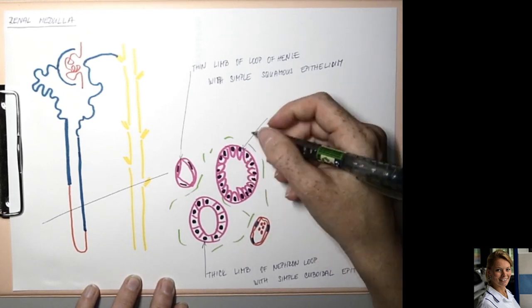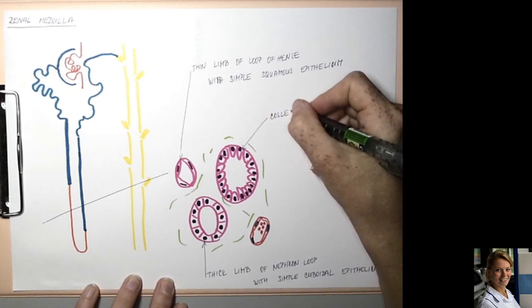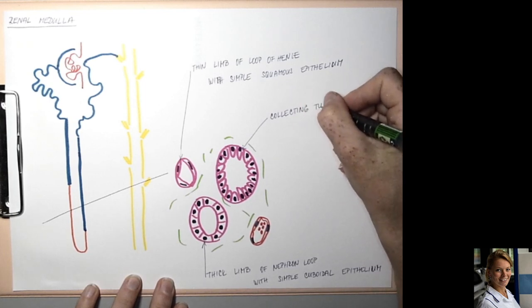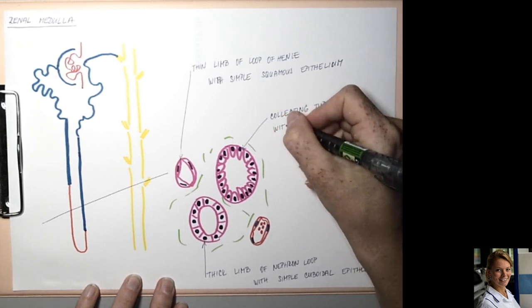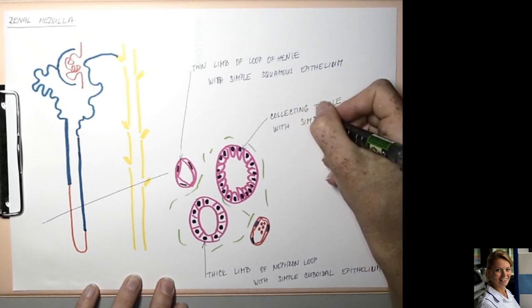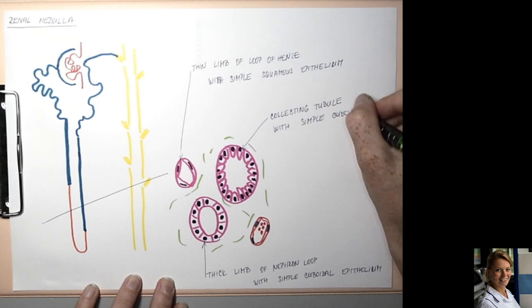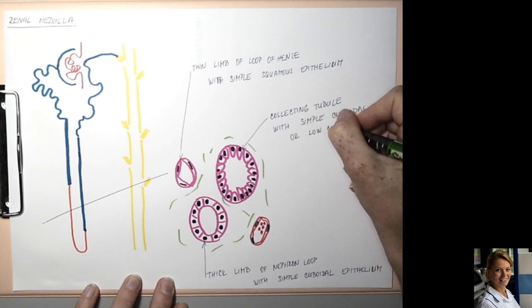This is cross section through the collecting duct or tubule, with simple cuboidal or low columnar epithelium.